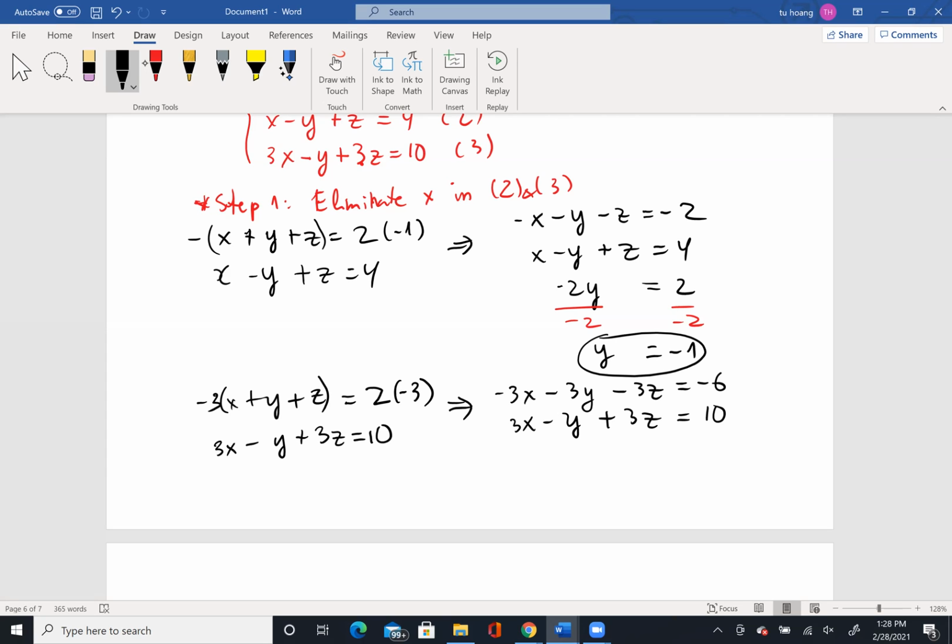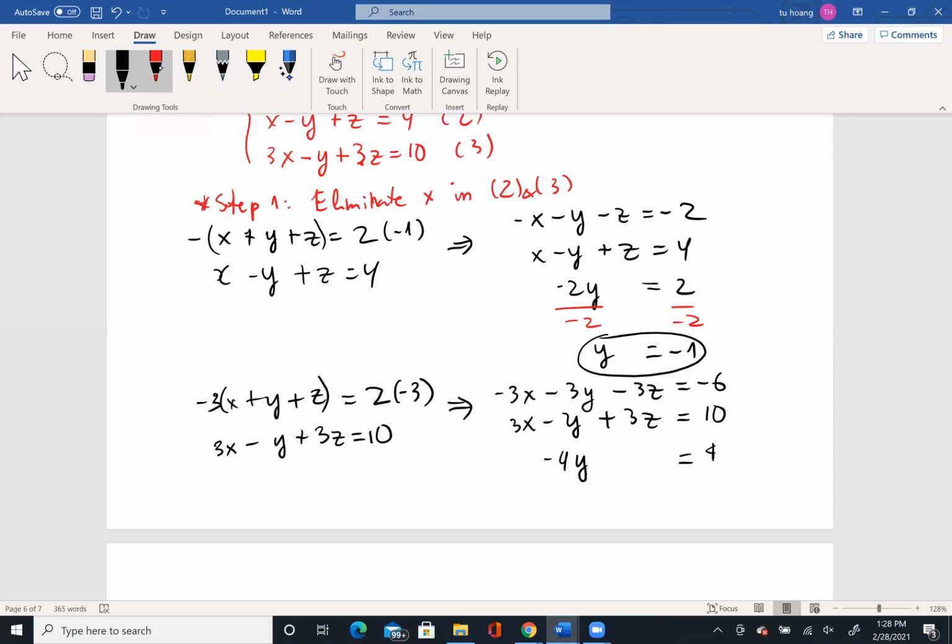So what you have from here is you also cancel out x and z and get only y: -4y equal to 4. Let me see, -4y equal to +4.